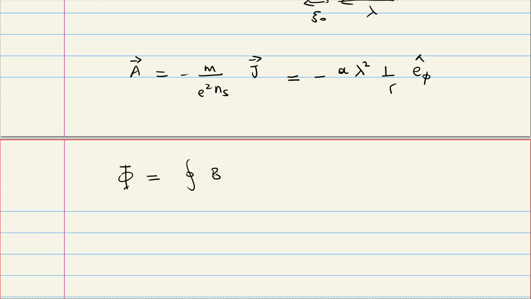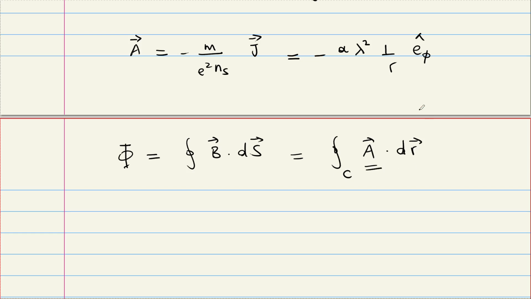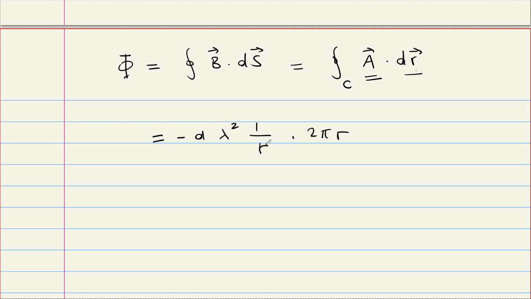So this is the integral of B dot ds, and I can use the Stokes theorem. I think there is a minus, but never mind. I can write this as the integral of A dot dr. Now this integral can be taken. This is going to be minus a lambda squared 1 over r times 2 pi r, and cancel r.